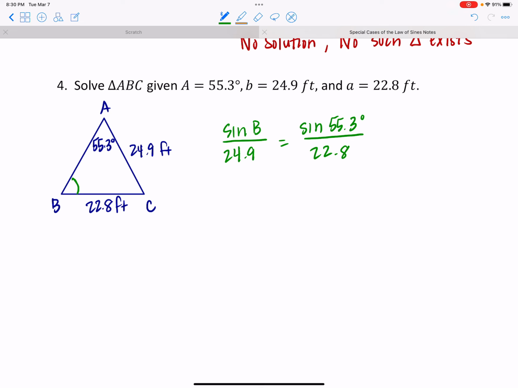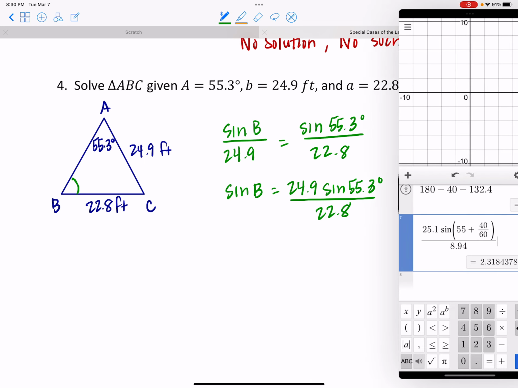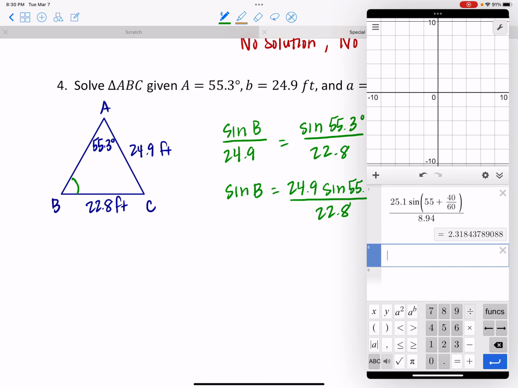I'm going to multiply over the 24.9. So the sine of B is going to be 24.9 times the sine of 55.3, all divided by 22.8. Let's make sure that's in range.